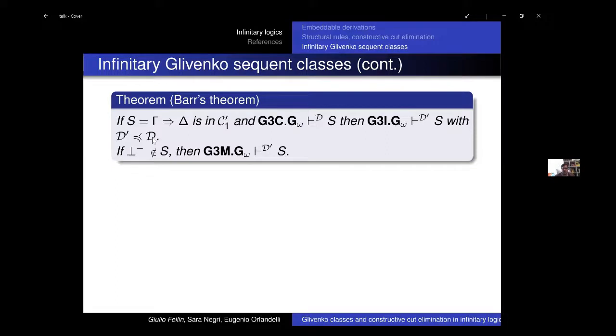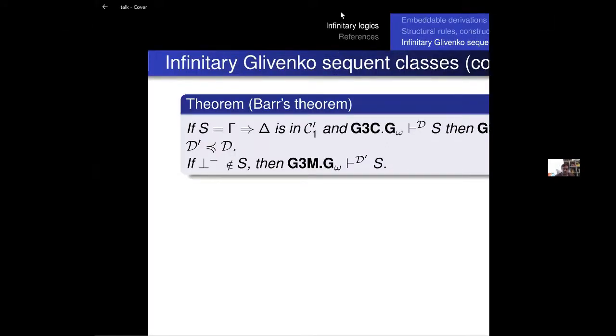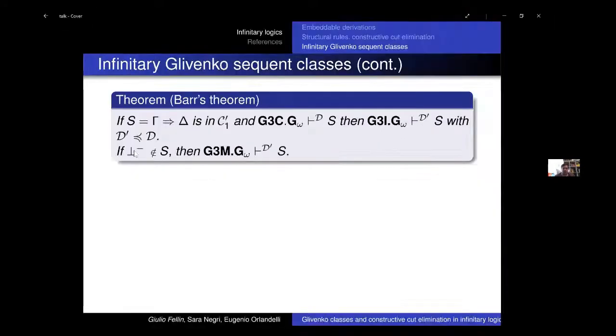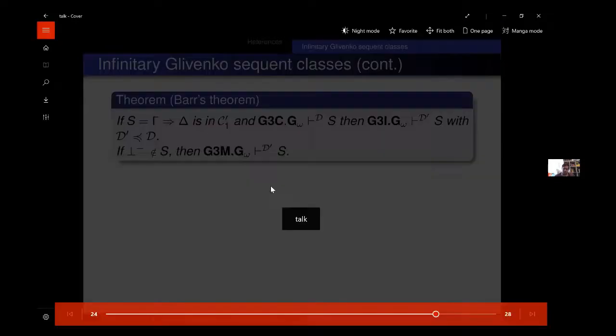If moreover there is no negative occurrence of falsity in that sequent, then D prime is a derivation in minimal logic.